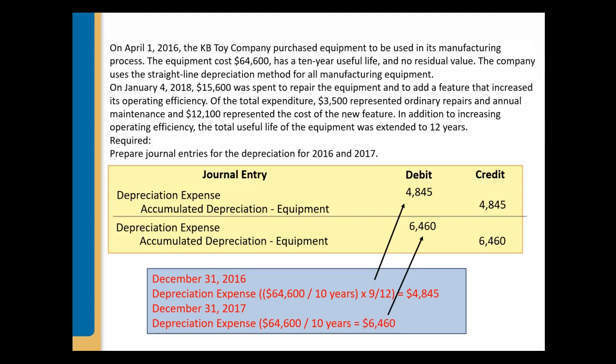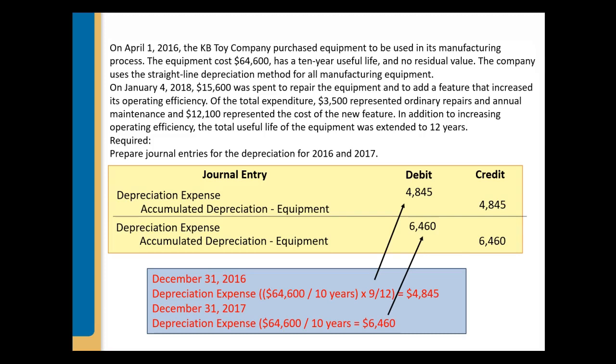On January 4th of 2018, $15,600 was spent to repair the equipment and to add a feature that increased its operating efficiency. Of the total expenditure, $3,500 represented ordinary repairs and annual maintenance, and $12,100 represented the cost of the new feature.